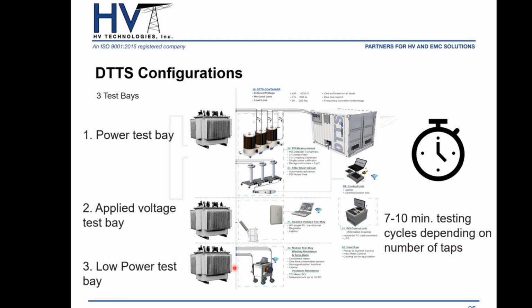Haefely says that, depending on the transformer design, number of taps and whatnot, you could reduce testing cycles to anywhere between 7 to 10 minutes if using it as a three bay. So there's a lot of configurability, and there are many options for speeding up tests.